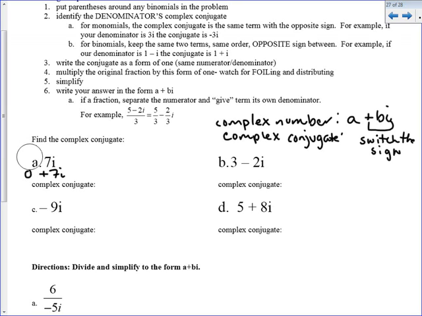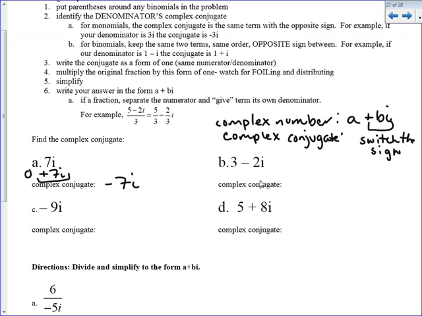We just don't write the real part because it's 0. To get its conjugate, all we do is change the sign on the imaginary term. So instead of positive 7i, it's going to be negative 7i.